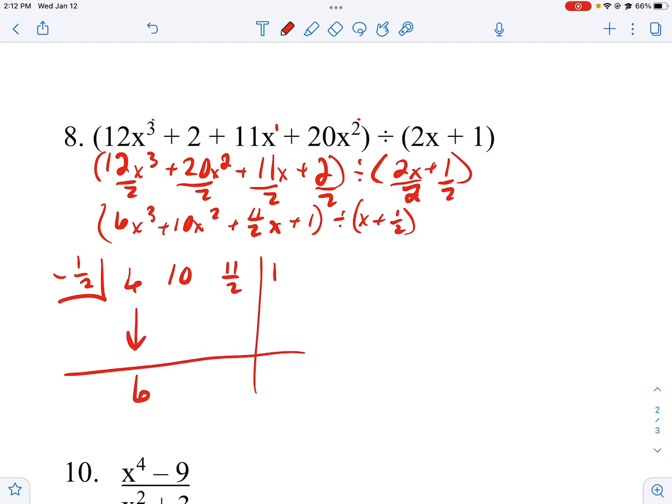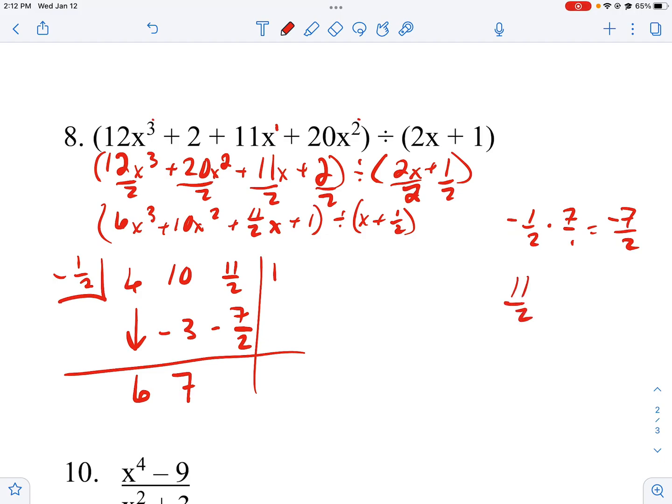Drop your first. Negative times positive is a negative. Half of 6 is 3. And so 10 minus 3 is a 7. Negative times positive is a negative. 1/2 times 7 is negative 7 over 2. Then 11, and that, so then it's add and subtract. Well, when you add and subtract fractions, they have to be the same kind.